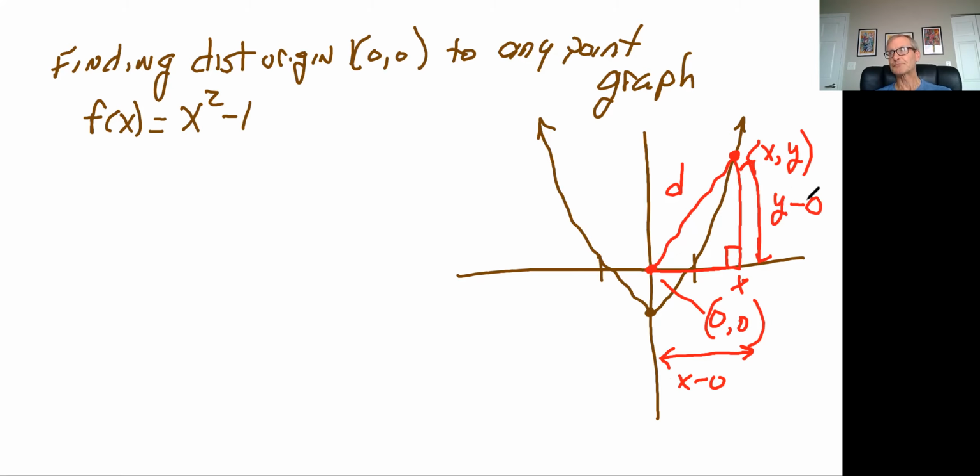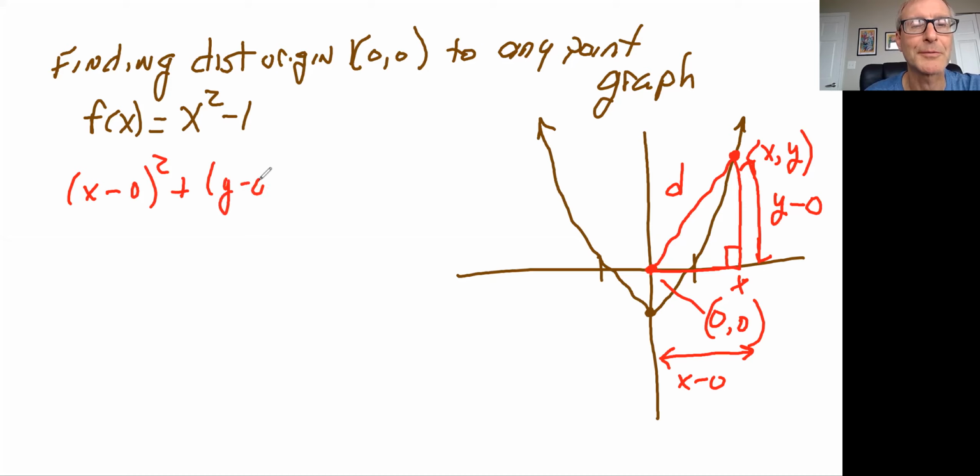And so when we set this up with the Pythagorean theorem, remember we have x minus 0, whoops, not 10. Get rid of the 10 and put in a 0. X minus 0 squared plus y minus 0 squared equals d squared.